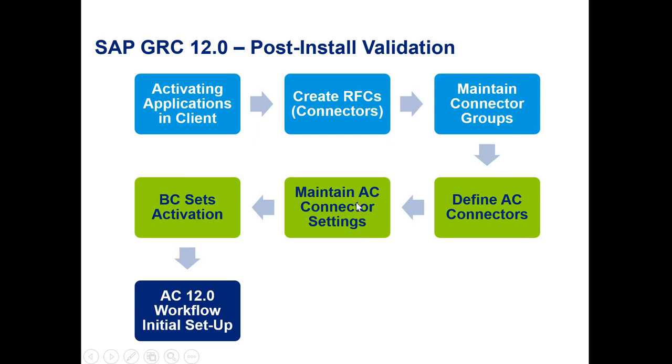So we do this here, and then you have the option for BC set activation. A BC set is a pre-delivered set of programs or values given by SAP. If you want to utilize it, you can; if you don't want to, you don't. For example, suppose the request priorities, like medium, low, high.